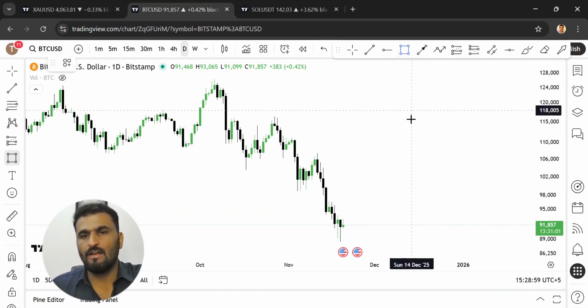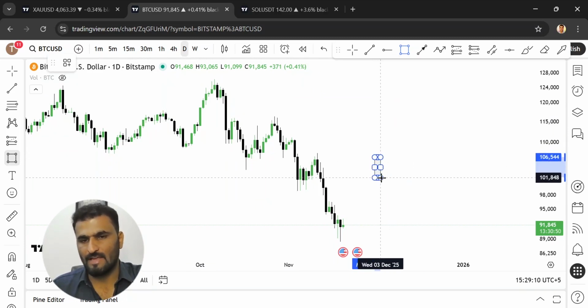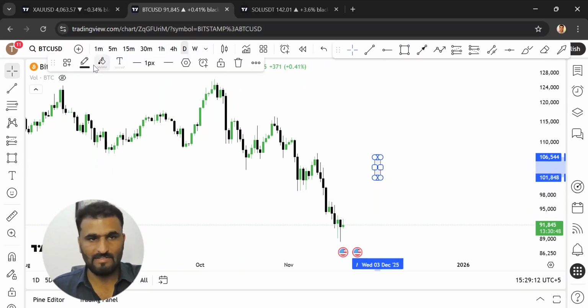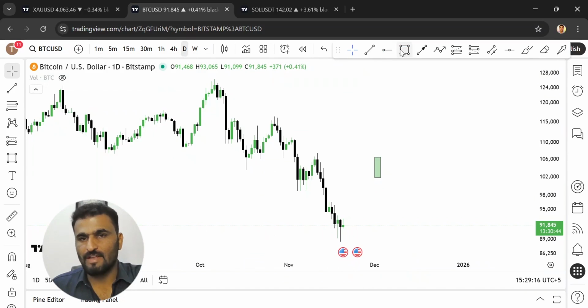First of all we will take an example of a fair value gap, and then we will go forward from here. When we are going to learn about fair value gap, we will have three candles, for example, three candles here. So we have these three candles.